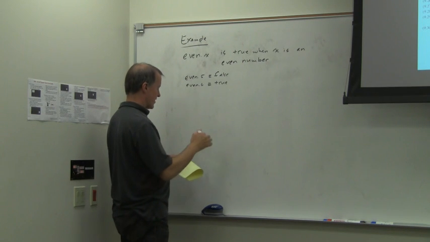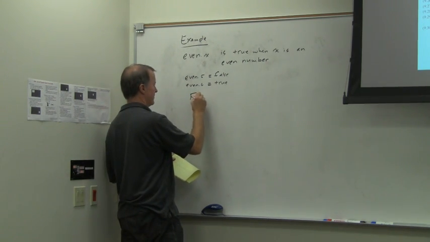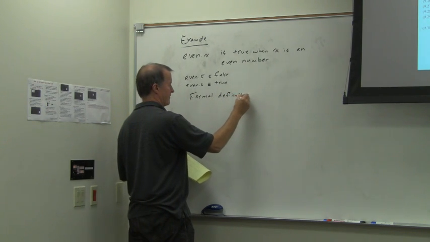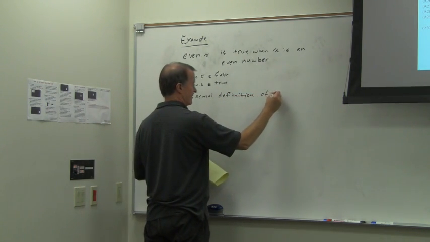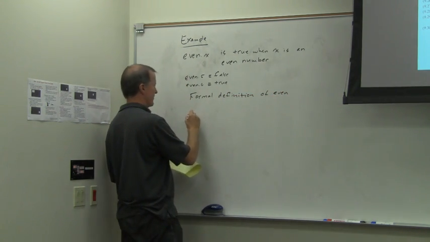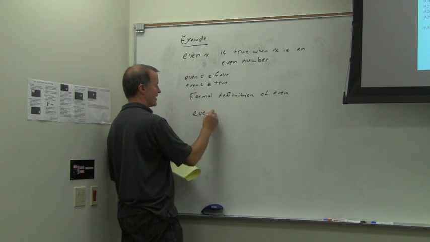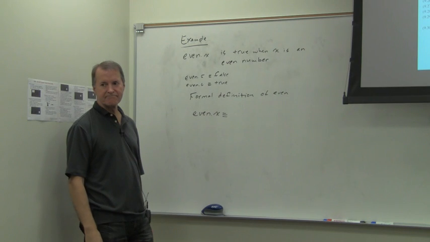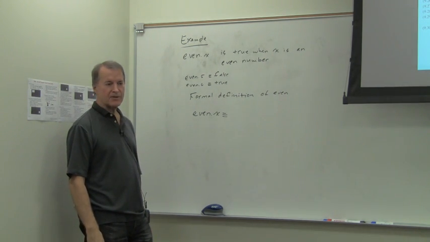So what is the formal definition of even? Even dot x equals what? I think it's a for all. Do you think it's a for all?